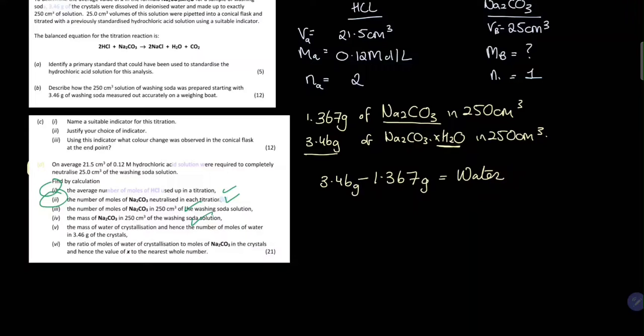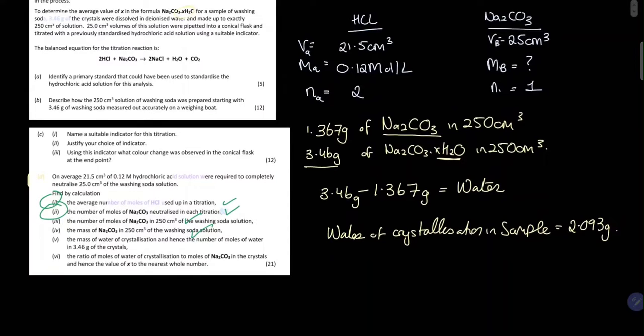So taking those two figures away from each other, I'm going to end up with the water of crystallization in the sample is 2.093 grams. Okay, and that relates to this X times H2O section.